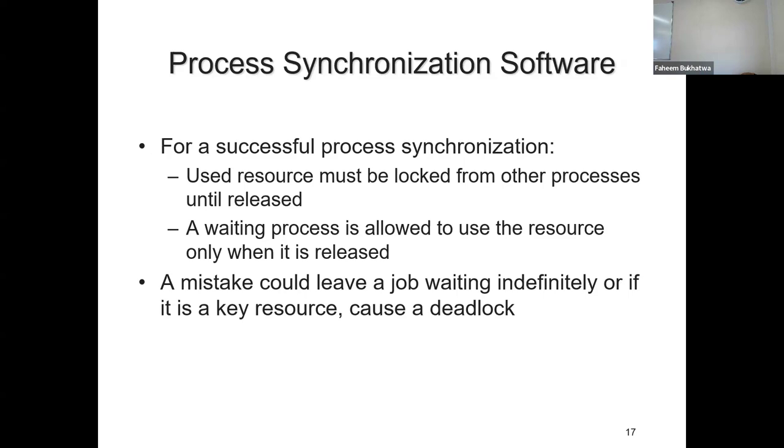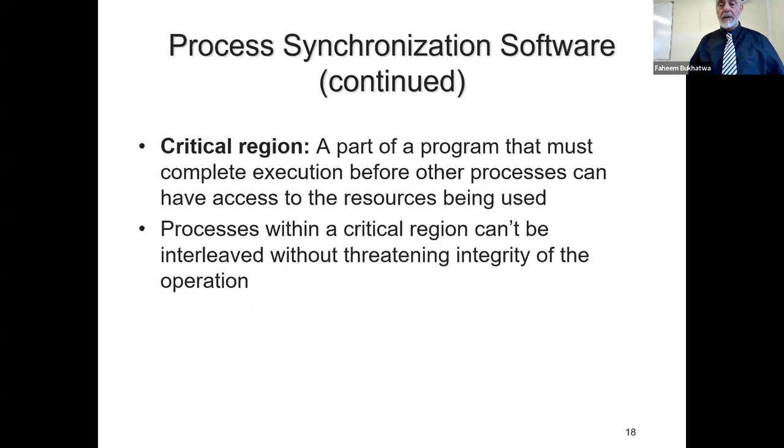So locking is used, and consequently we have waiting. That's sometimes the start of a deadlock, not necessarily a deadlock. A mistake could leave a job waiting indefinitely, or if it's a key resource, it can cause a deadlock.